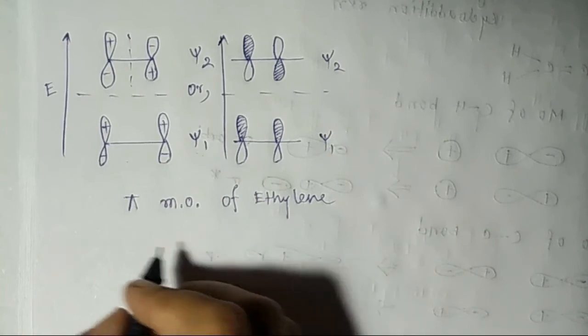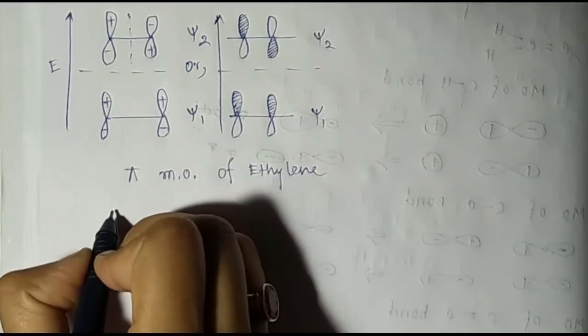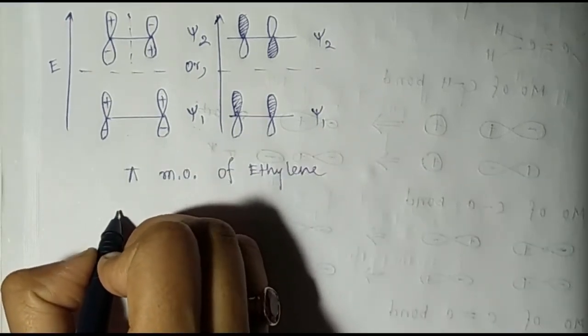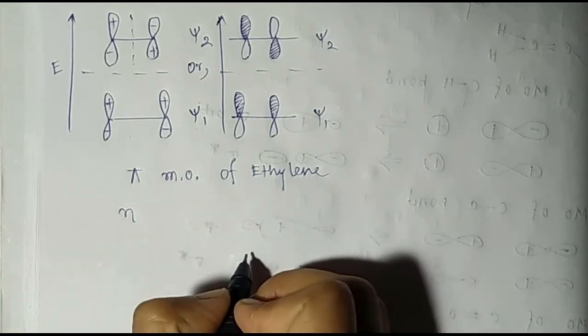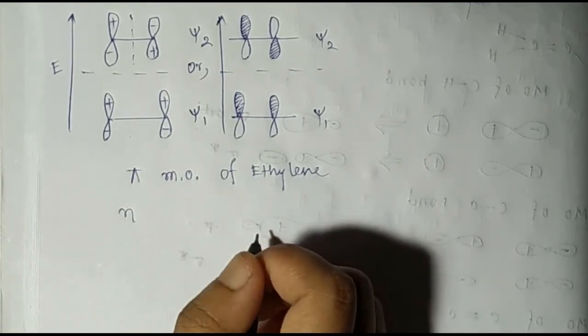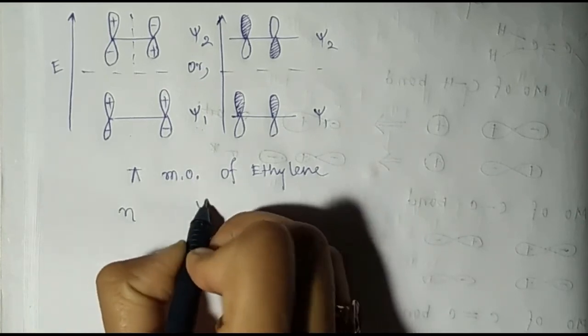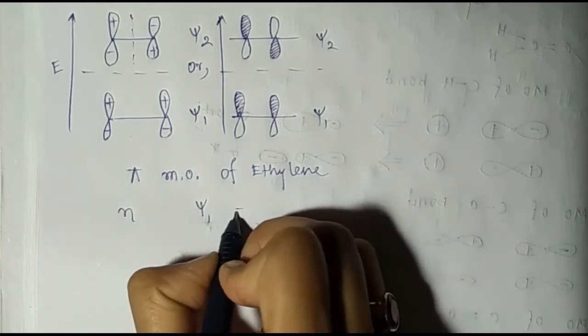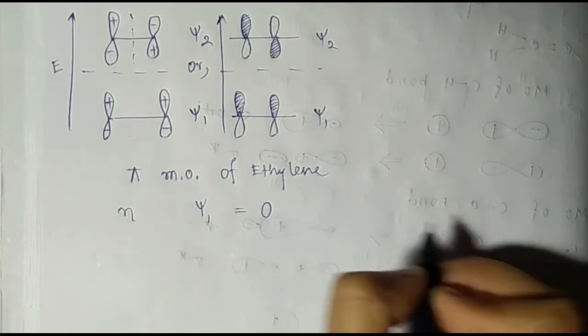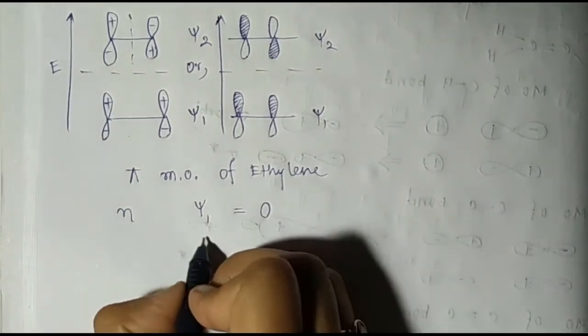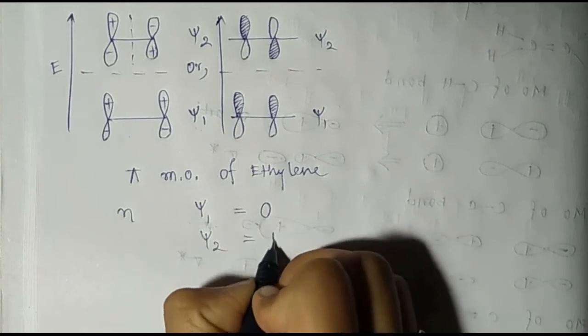So we can write that if there are n number of molecular orbitals formed from the overlap of n number of p atomic orbitals, then for Ψ1 there will be no node, and for Ψ2 there will be one node.